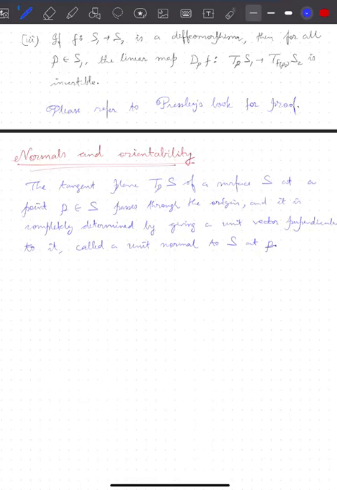And what we say is that, say any surface we have, and this is the tangent plane, then there are two normals. One normal will be coming outside, the other normal will be going down. So we have two choices for normal.